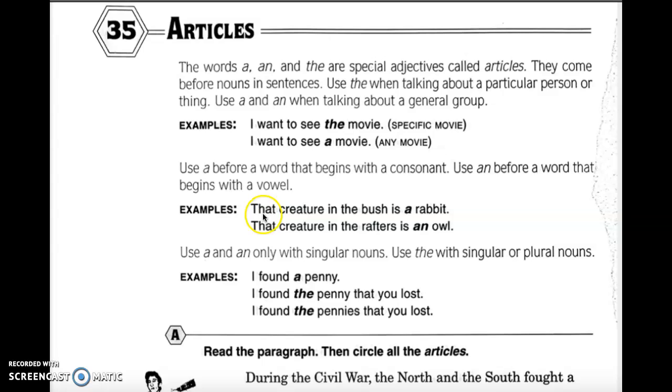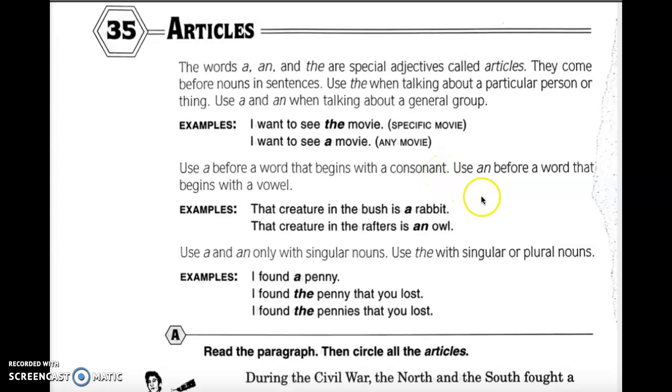So, example here, that creature in the bush is a rabbit. Notice that we didn't say an rabbit, because what does this word rabbit start with? A letter R. R is not a vowel. It is a consonant, okay?